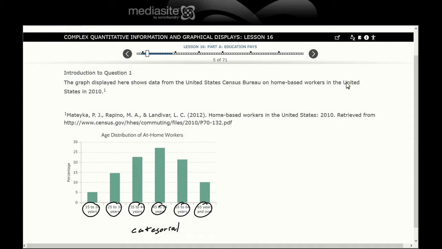So we looked at people who worked at home, and there was n of them. Don't know if n is 100, n is 1,000. Go from the categories. Category 1, here's category 1, category 2, category 3, and so forth, and just did a count.